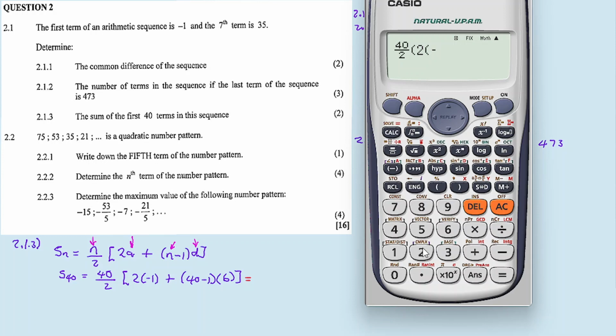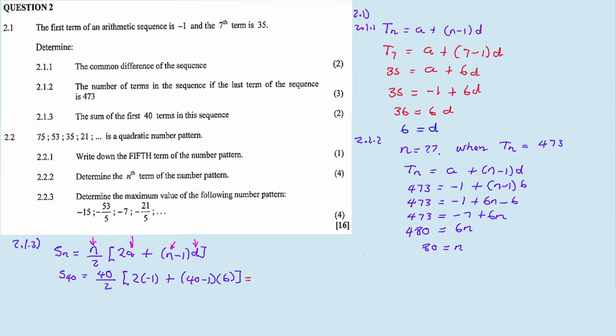So minus 1 plus 40 minus 1 times 6 close bracket, answer 4640. So answer is 4640. This is our answer for 2.1.3.